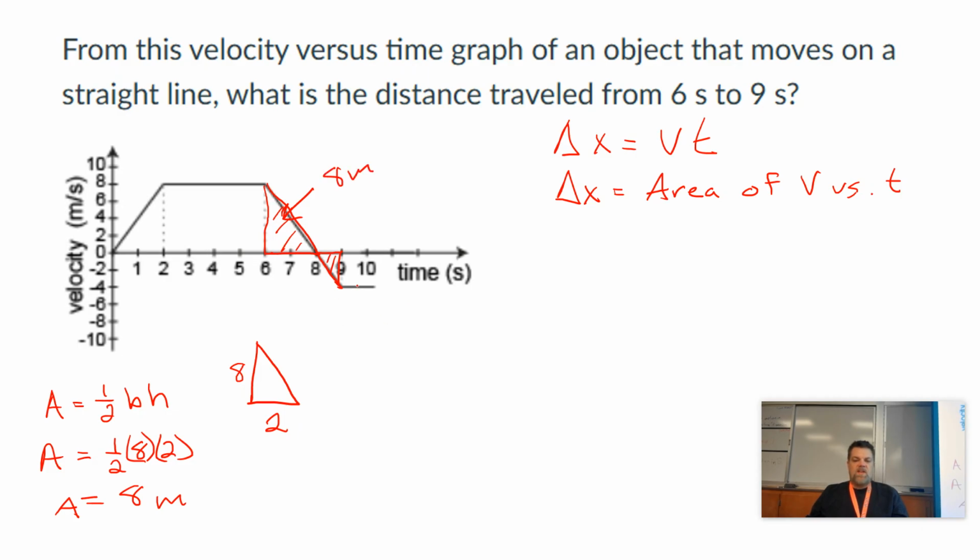Now this one over here, this triangle, would be negative because it's a negative velocity. Well, what's the distance? It's this from here to here is 1, and then it goes down to -4. So same thing here. The area under the curve is 1/2 times the base, which is 1, times -4.